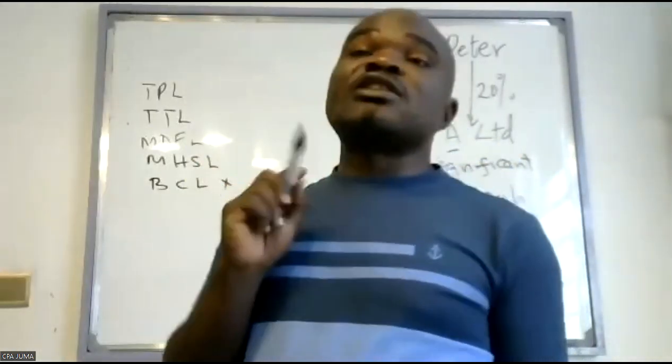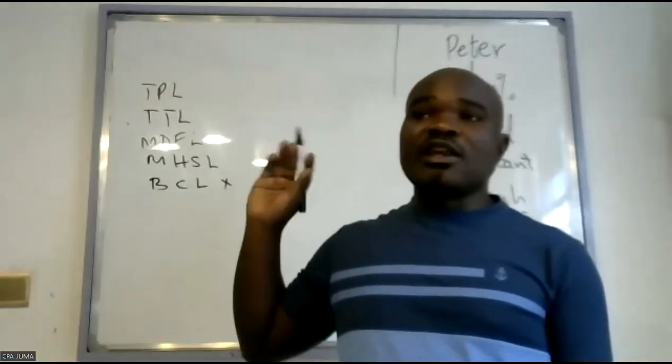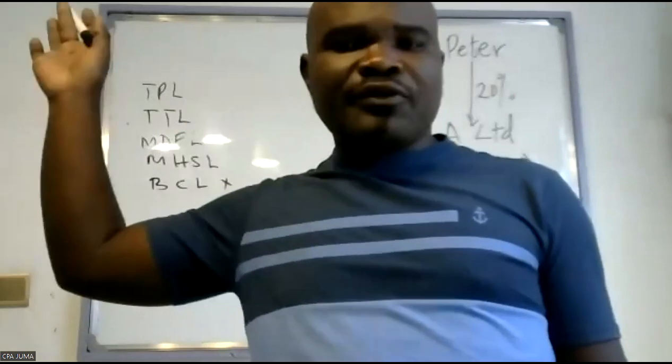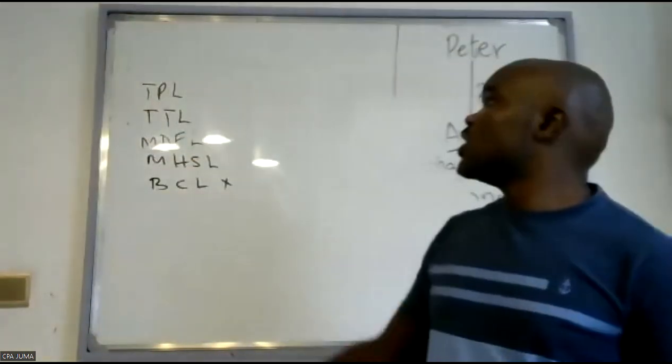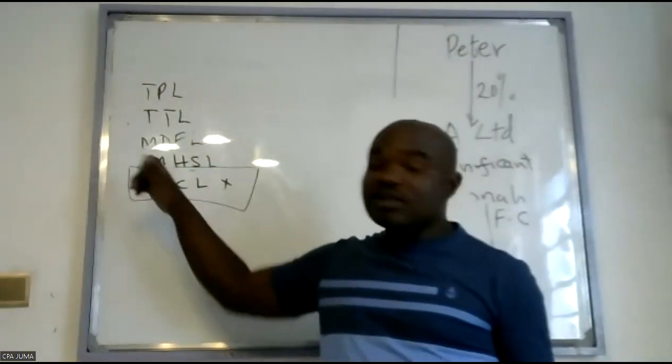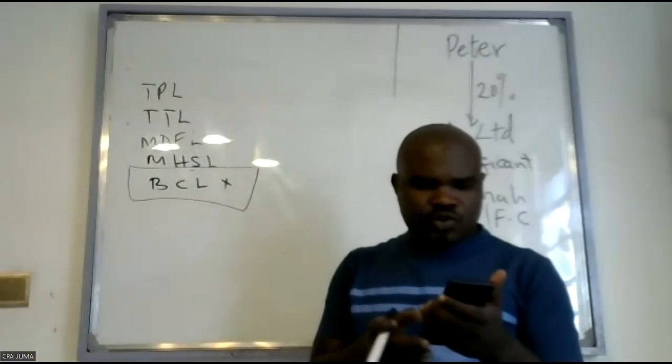But if it is 20% and above, at 20% there is significant influence, at 50% there is joint control, over 50 and going forward, there is control, and it must be disclosed. So the point I'm bringing home, there are transactions ahead which we are going to read.